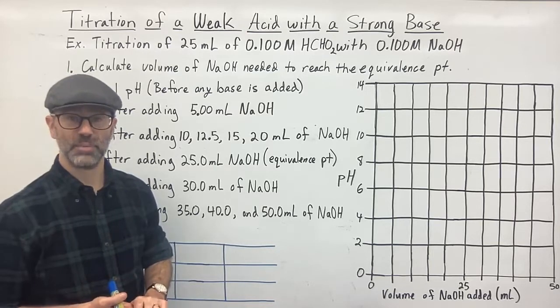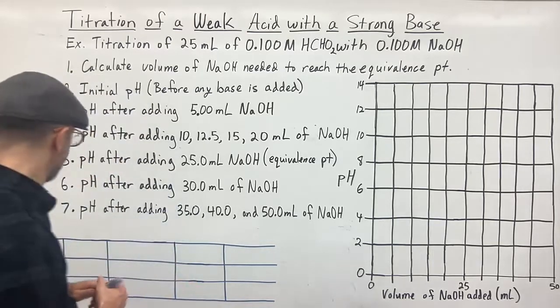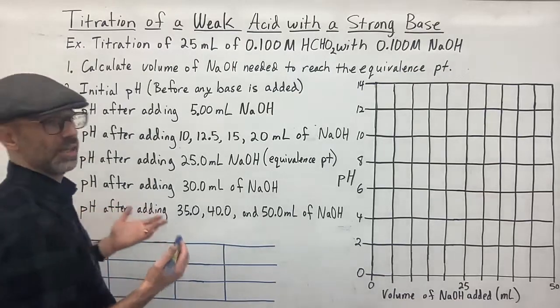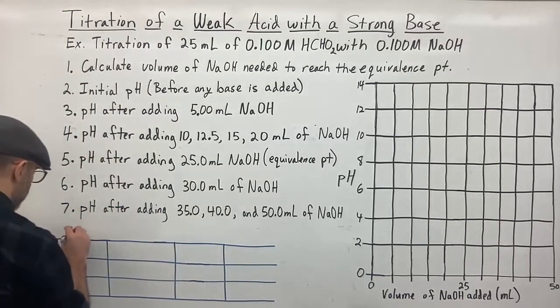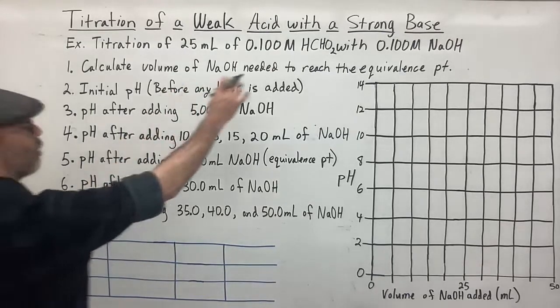So this is a weak acid, so it's in equilibrium, and so you need to do an equilibrium problem. So you're going to have to set up an ice chart. So let's set up our ice chart. So we need the equation. The equation that we are dealing with is going to be our acid.